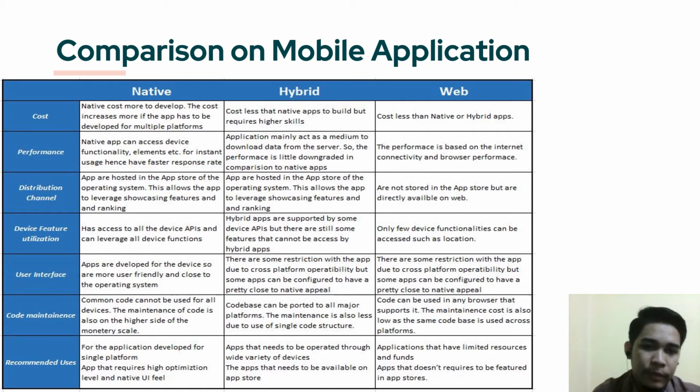For the performance, native apps have a faster response rate than hybrid and web. For the user interface, we cannot deny native apps are more user-friendly than hybrid and web applications. For code maintenance, code used in a native application cannot be used for all devices.